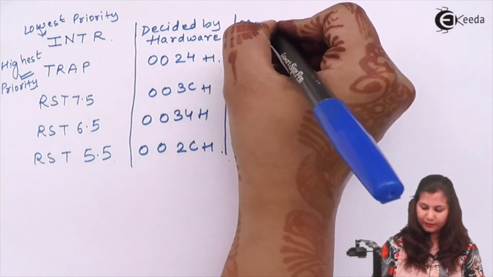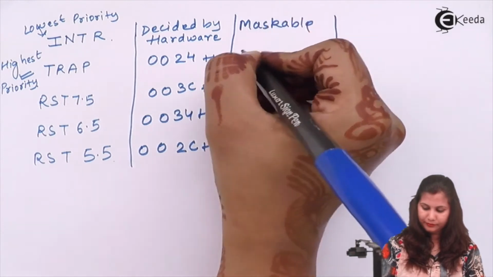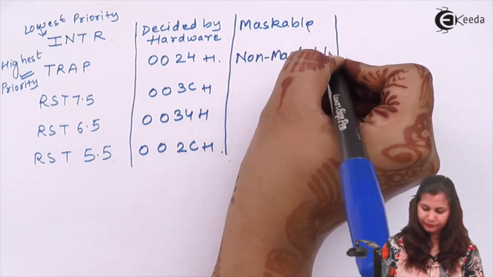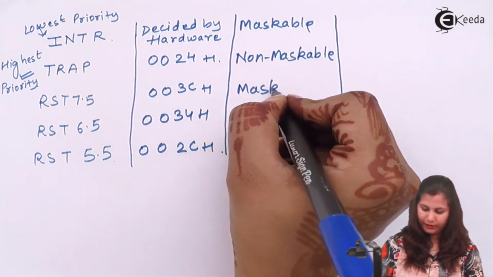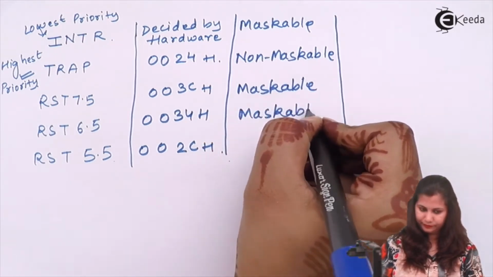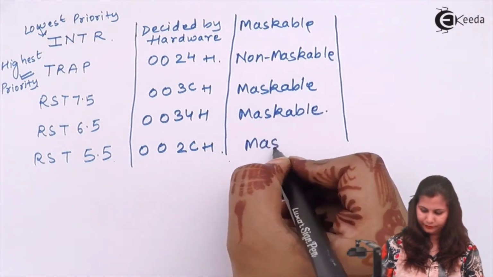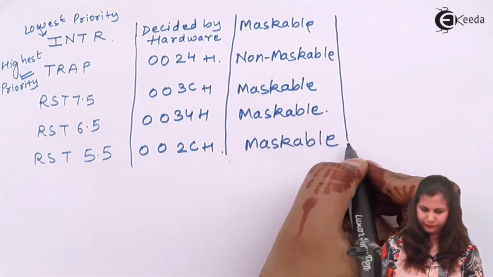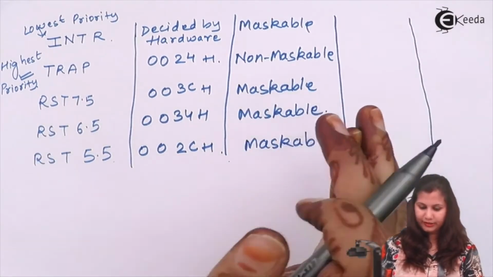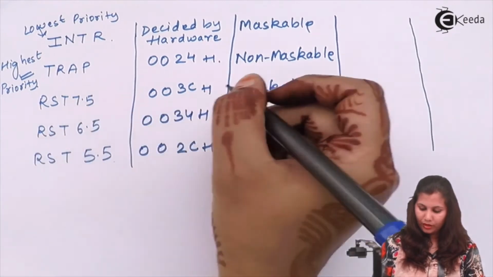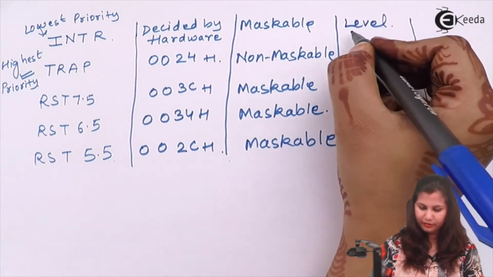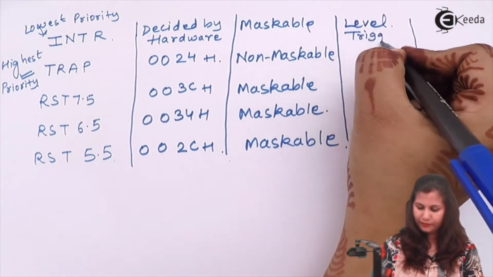Now INTR, it was maskable. Trap was non-maskable. And all these are also maskable interrupts. Then there is a trigger level also associated with these interrupts. INTR is a level triggered interrupt.